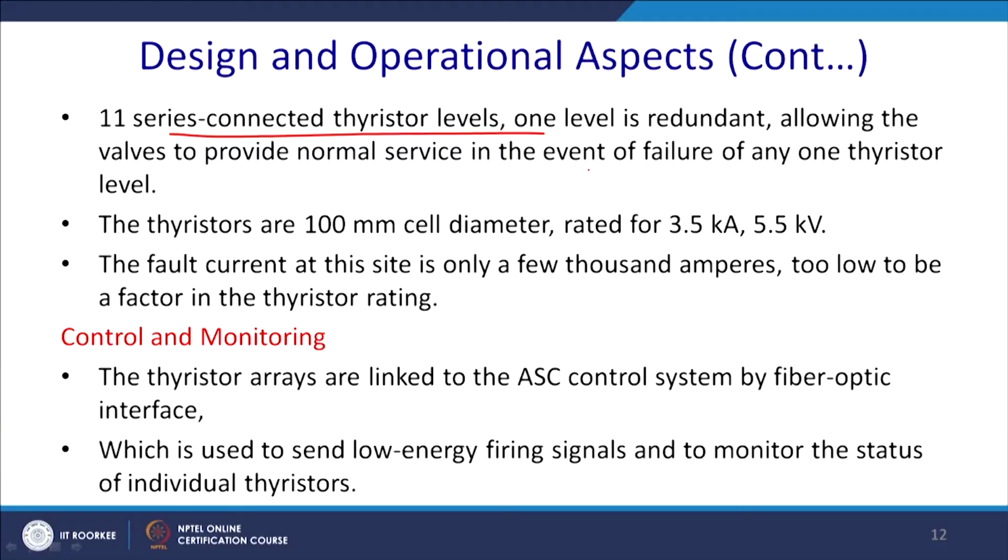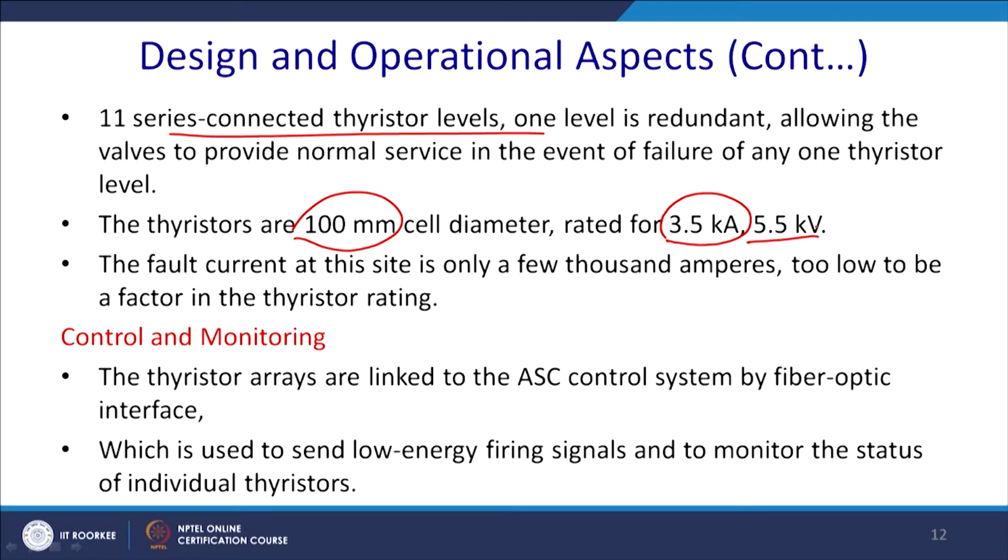One level is redundant, allowing the valve to provide normal service in the event of the failure of any one of the thyristor modules. Thyristors are 100 mm cell diameter and rated for 3 kA, 5.5 kV.